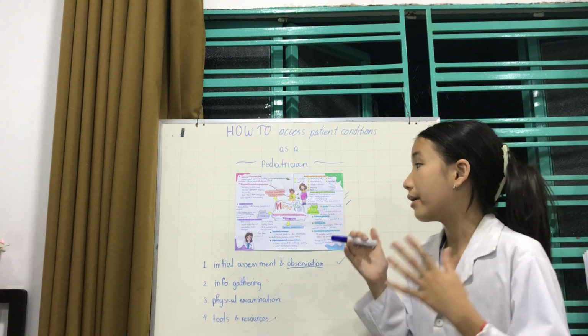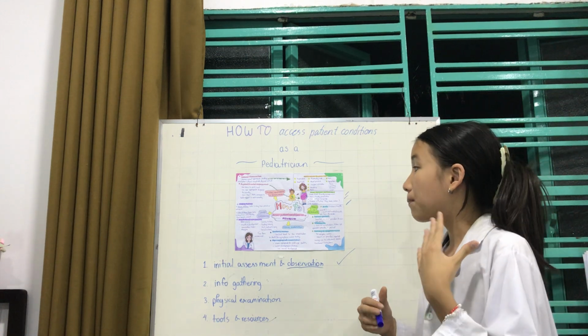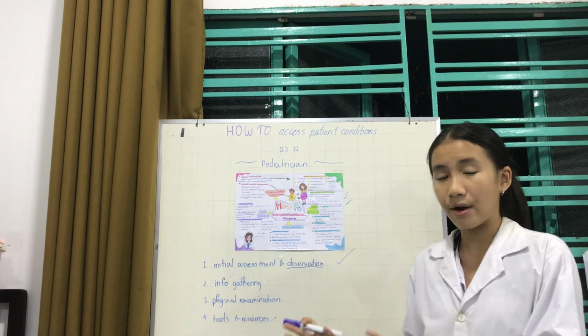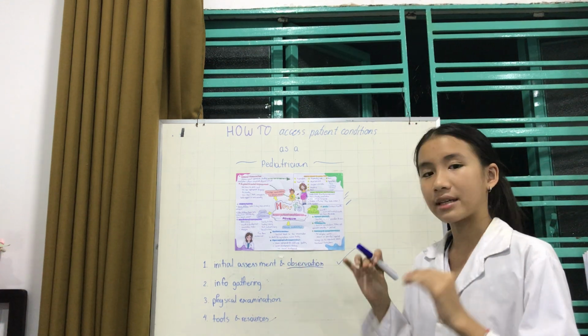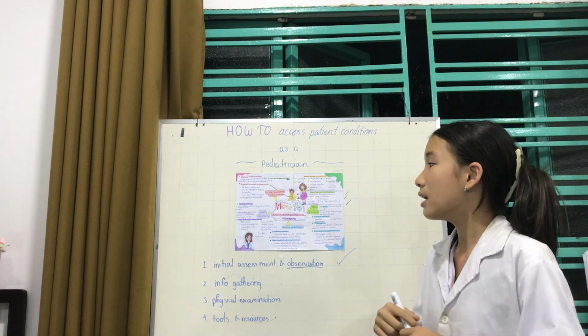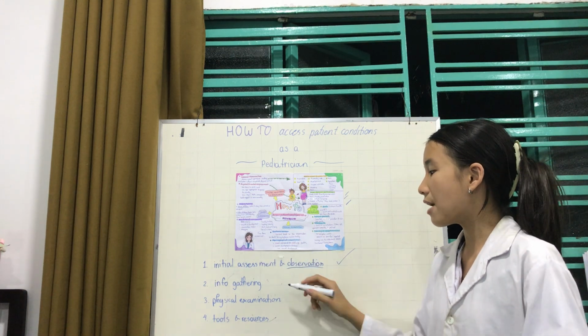For older children or teenagers, I can take history from them directly, or have the parent there to assist and ease anxiety as well. So that is for history taking. This is how I will gather information.